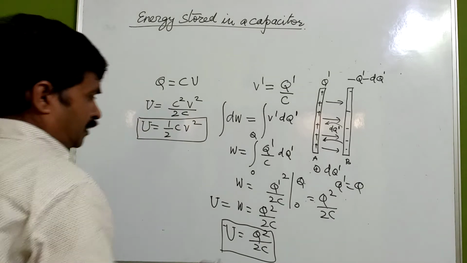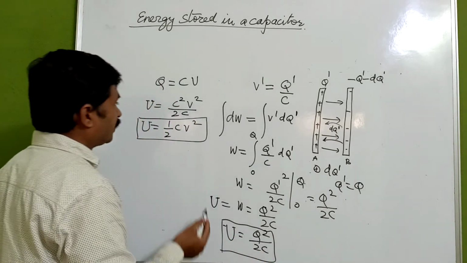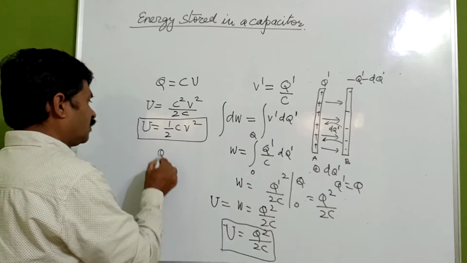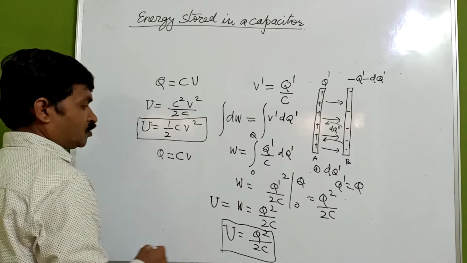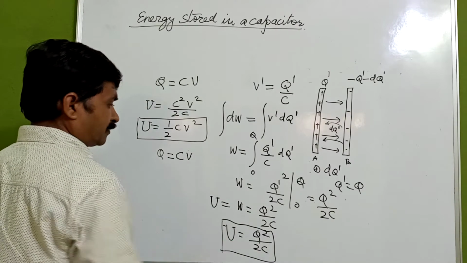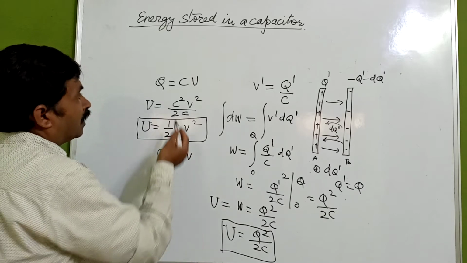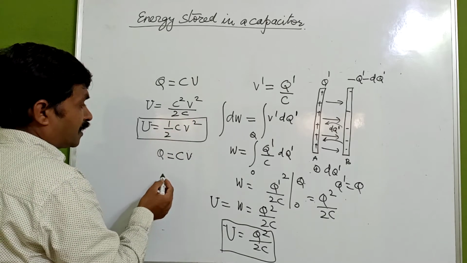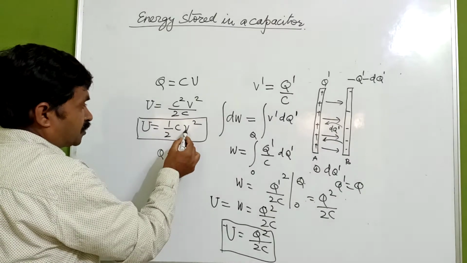Now see here, we have another relation, Q is equal to CV also. If we substitute here, what are we going to have? Half CV square. Similarly, we can substitute it here.